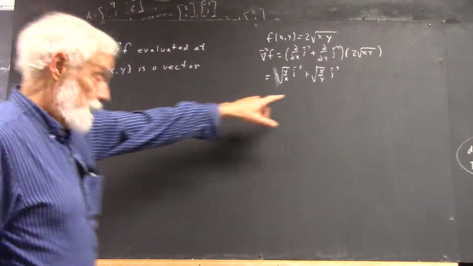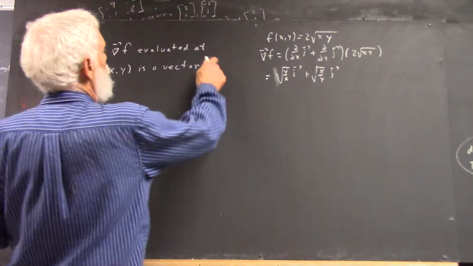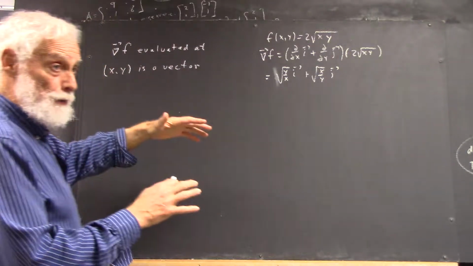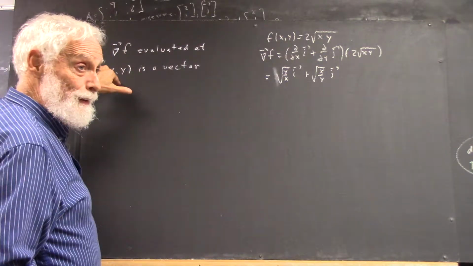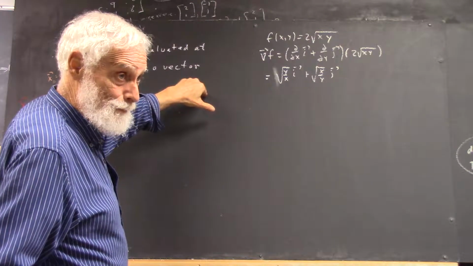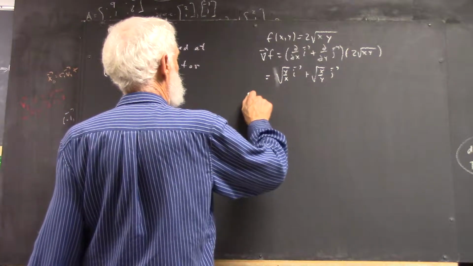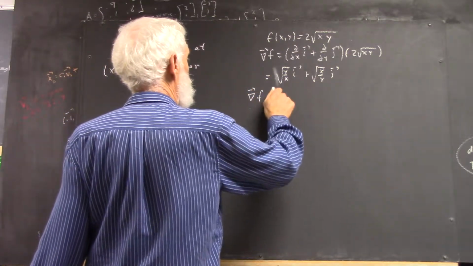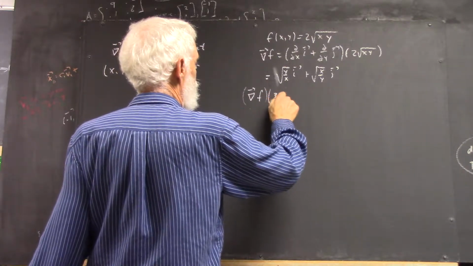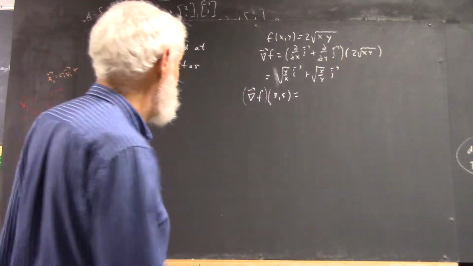So, that is a vector, isn't it? And we can say it's a vector. Actually, del F is a vector function, but when you evaluate it at a point, it becomes a vector, right? Okay? So, del F evaluated at the point 3, 5 that we used is what?